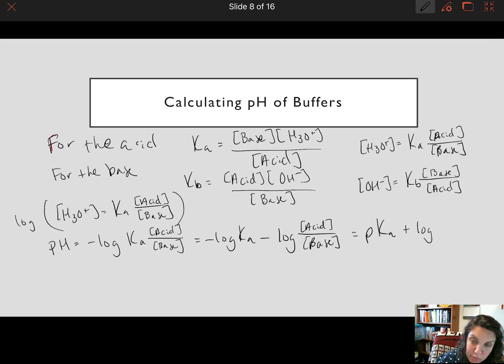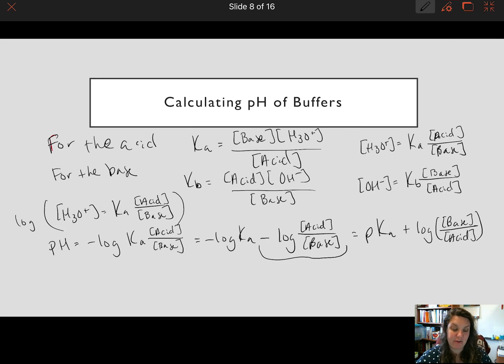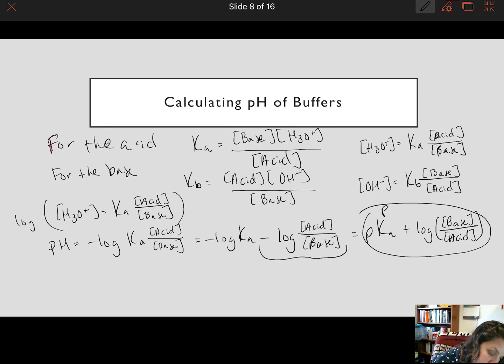And we can change that minus to a plus by flipping our base and our acid, and we get pH is equal to pKa plus log base over acid, which is our Henderson-Hasselbalch.